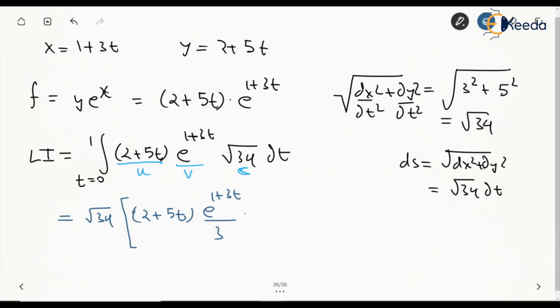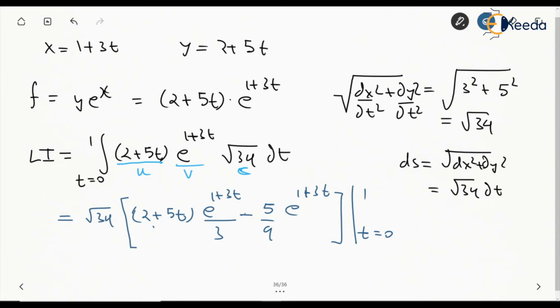That is the integration of e to the power of 1 plus 3t, and here writing u as it is, minus the differentiation of u, which will be 5, and the double integration of e to the power of 1 plus 3t will give you e to the power of 1 plus 3t divided by 9, we are writing it here. So we have to put t equal to 0 to 1.